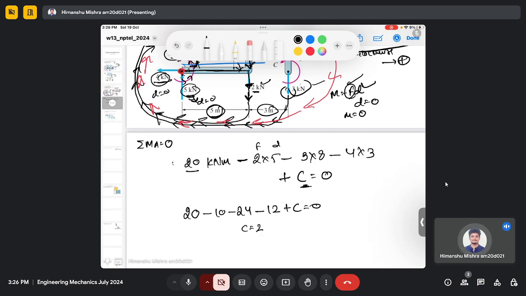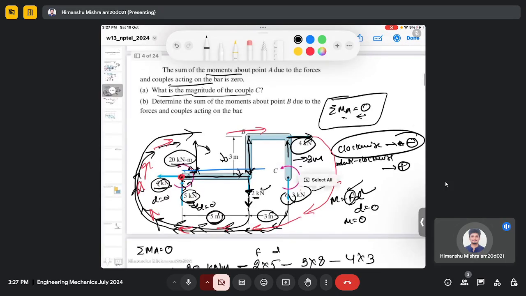So it will be C equals 26 kilonewton meter. This is my unknown moment that we have found from the condition that the resultant moment at point A is 0.